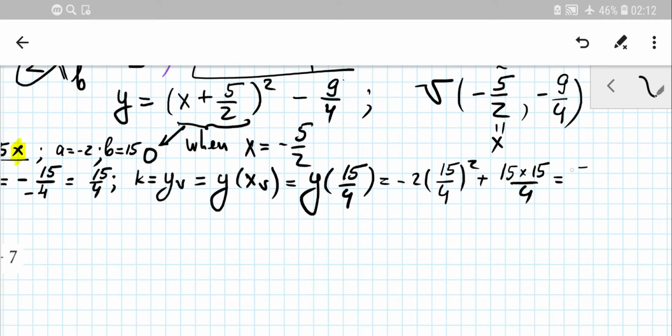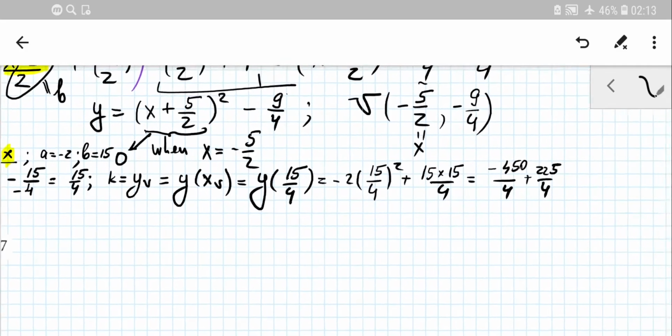So we get negative 2 times 15 squared, which is 450 with a negative sign over 4. And then we add 225/4. So we subtract 225, and we've got 225 over 4.